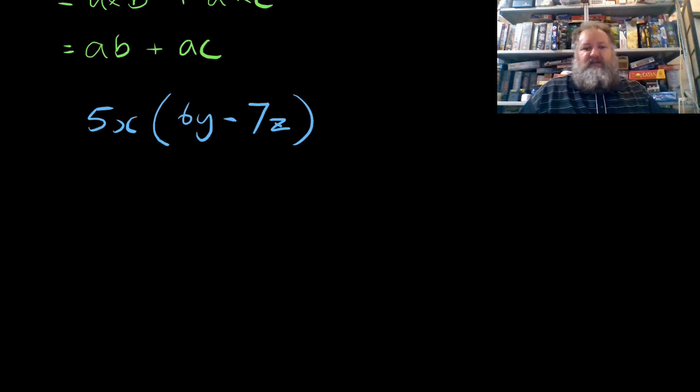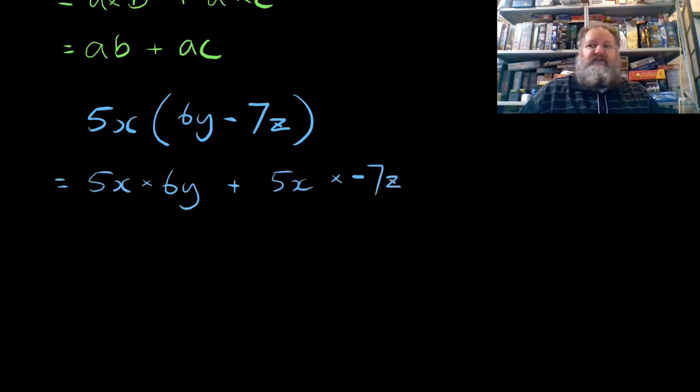Now, when I go to my next line, which I've written out, you'll see something interesting, and it sort of goes against what I was saying before. Remember when I said if there was a minus in here, there'd be a minus down here? Well, how come there isn't? The other important thing to remember is that the operator sticks with the term. So this minus 7z still exists over here. Okay? So that's why there's a plus here.